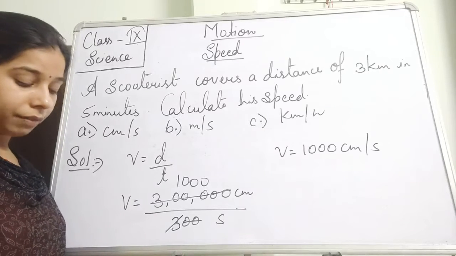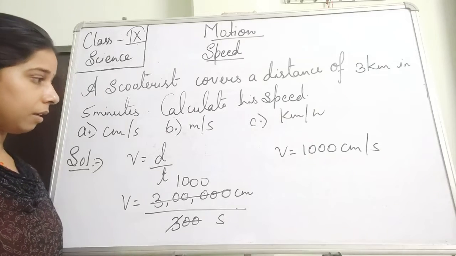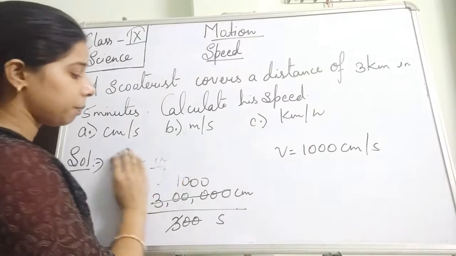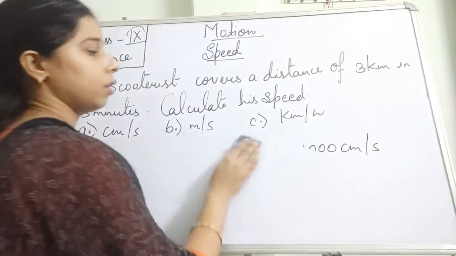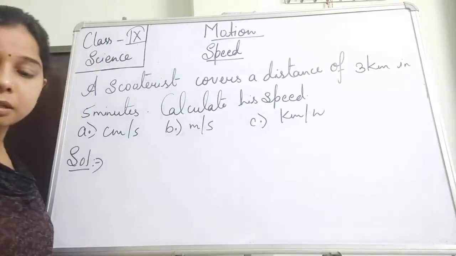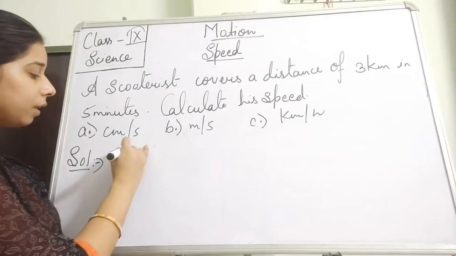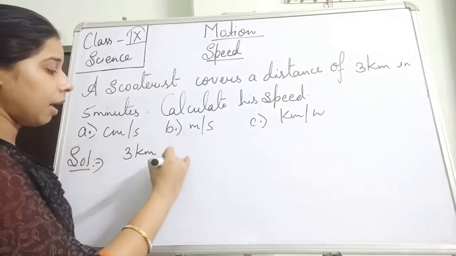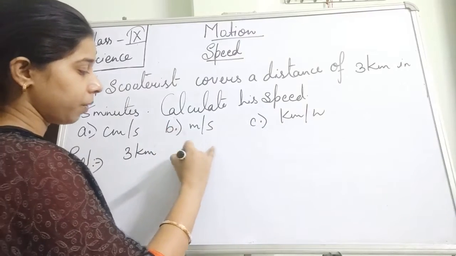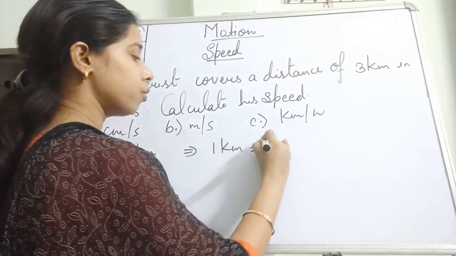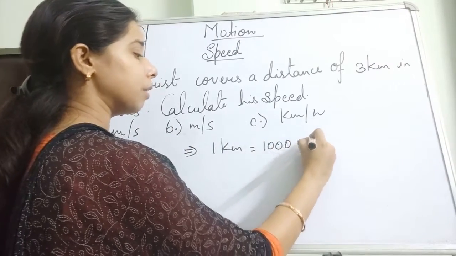Moving on, we will see the next one. The next one is in meters per second. So again, we will convert it into meters. The distance is given as 3 kilometers and we know that 1 kilometer is equal to 1000 meters.